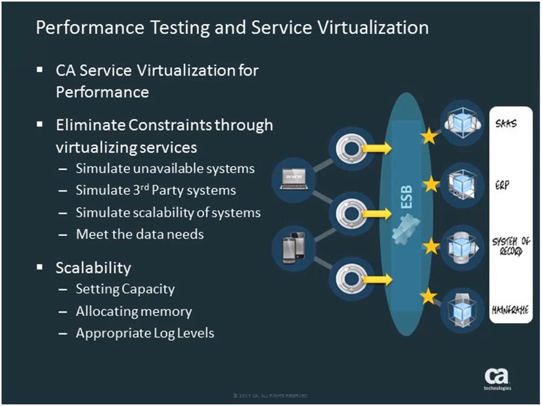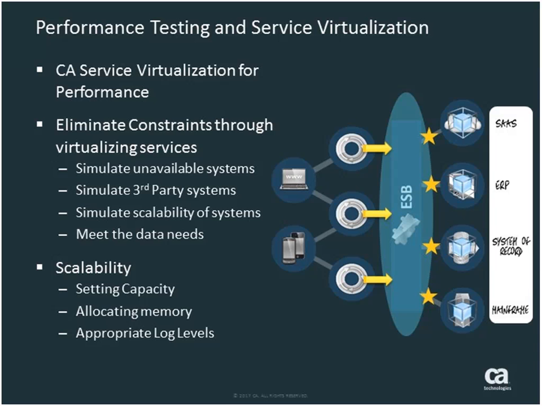And also the appropriate log levels. Typically the default is info, right? Which generates a lot of logging. But imagine if you have a huge number of transactions coming in, you wouldn't want to log each and every request, right? So you can change the logging level to 1 to make sure it logs any issues or defects, any errors that you have.